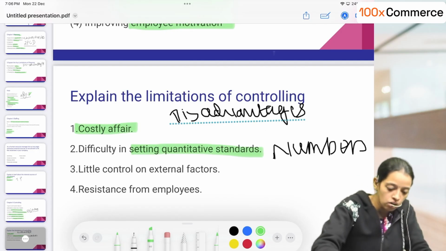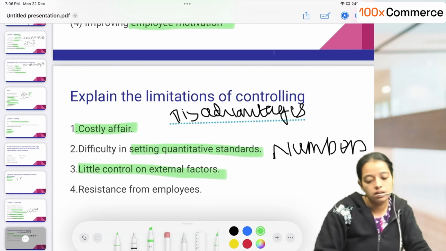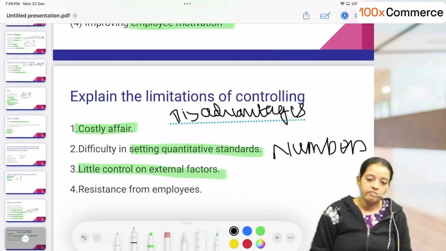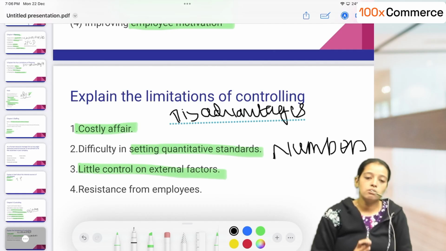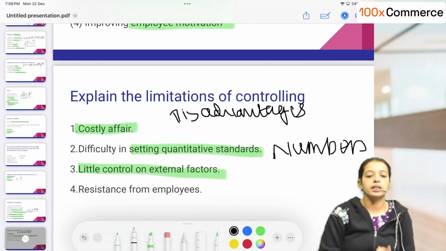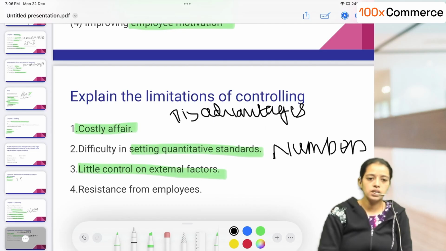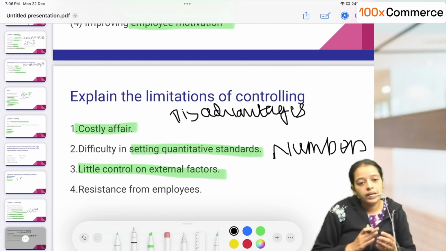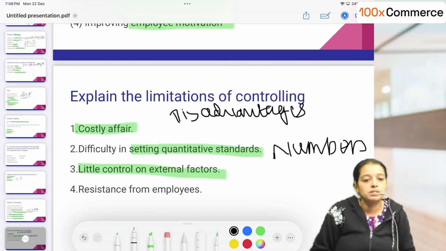Next, little control on external factors. See, as we already know, the business environmental factors, it might be your economic environment, political, legal, social, technological. These all are what? These are the external factors. And this actually cannot be controlled by any businessman. So these are again out of control.